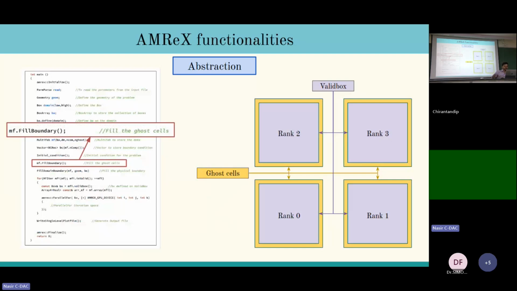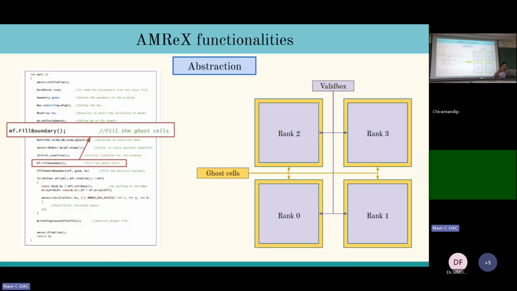You don't have to worry whether it's built on CPU or GPU. It just fills the ghost cells for you. On CPU, it is handled using MPI. If you want to move to GPU, the data wrapping that is done handles the transfer from valid box to ghost cells, and again from ghost cells to valid box.